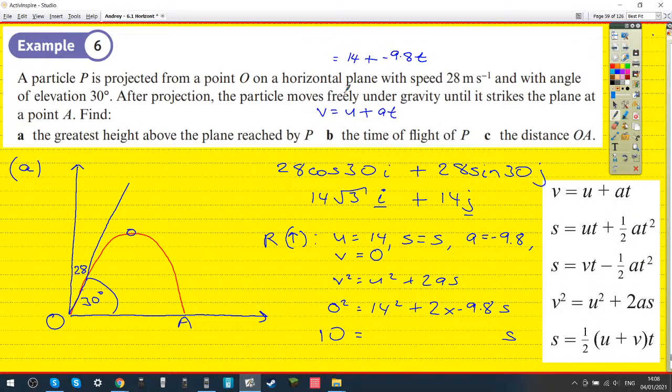So is time of flight of P like how long P was in the air? Yeah. So do I need to have the full length of the particle P which it travelled? Yeah.